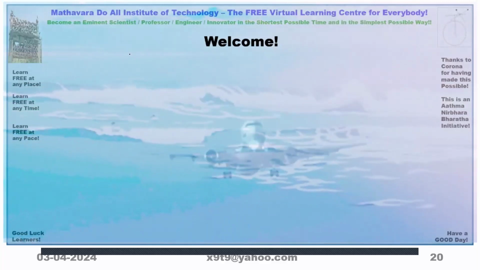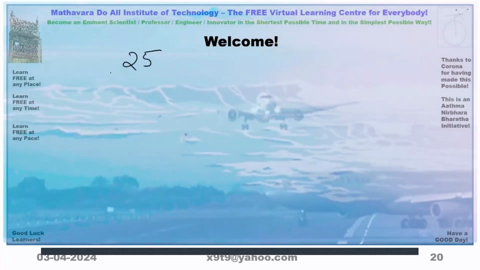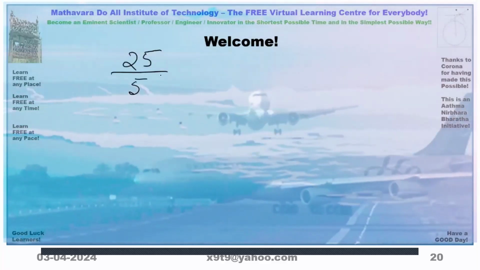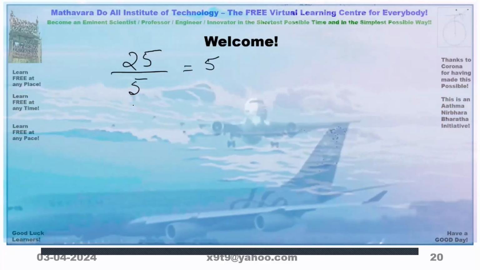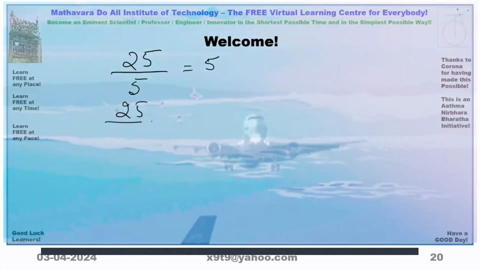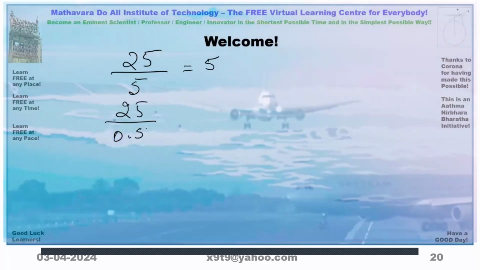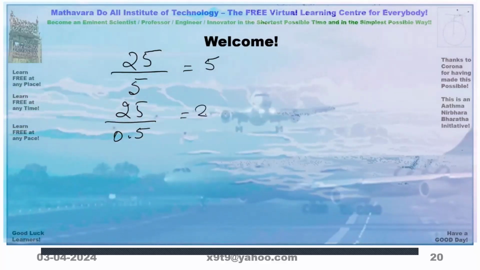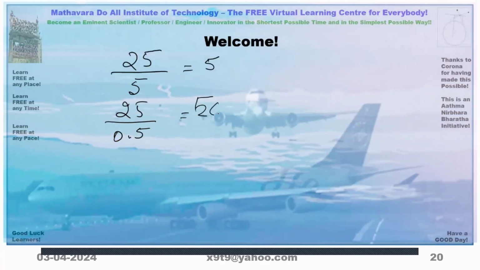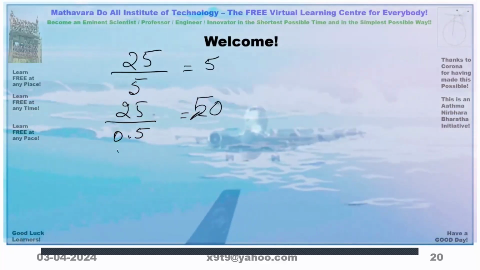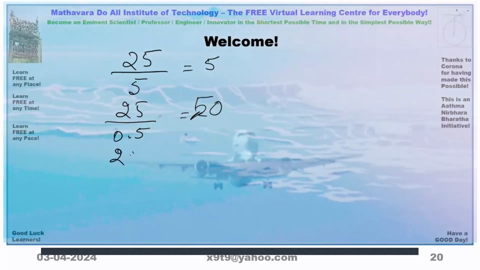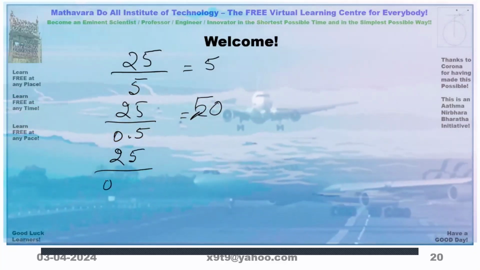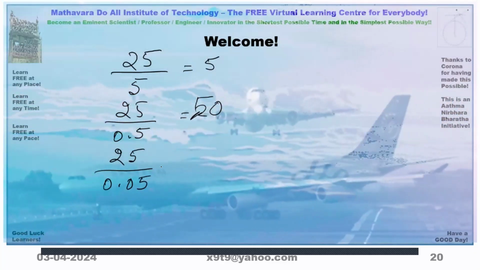See, that is suppose 25 is there, divided by 5. You get 5. 25 divided by 0.5. You will get 50. 25 divided by 0.05.